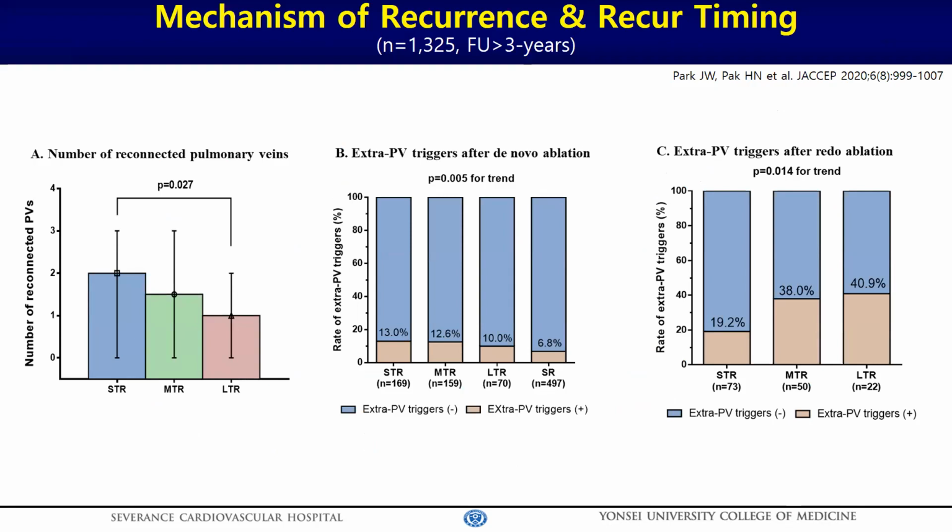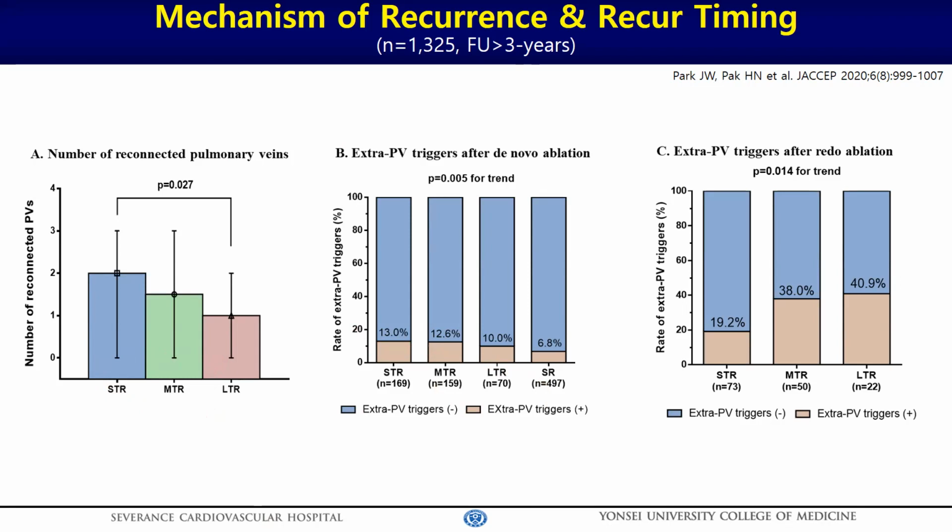Park Jae-wook showed a reduced number of PV reconnections with later timing of recurrence after the de novo procedure: recurrence within a year, between 1 and 3 years, and after 3 years. As the recurrence timing was later, the proportion of extra PV triggers was lower after the de novo ablation procedure.